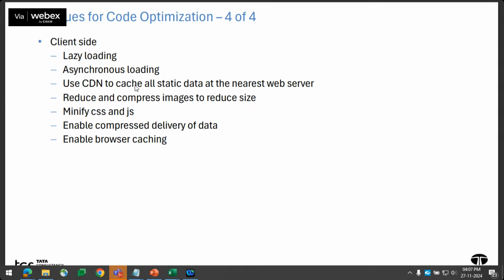And then we could be using a CDN to cache all the static data at the nearest web server. The first time load would take a bit of time.